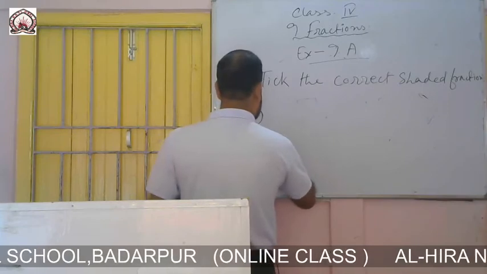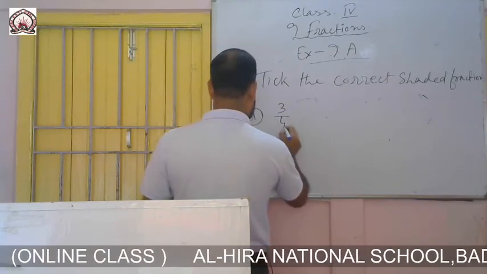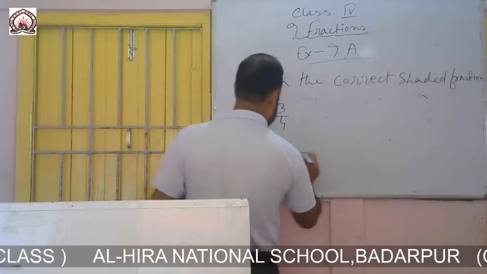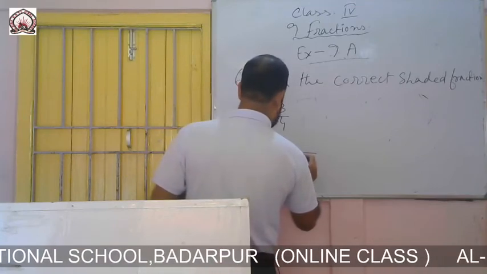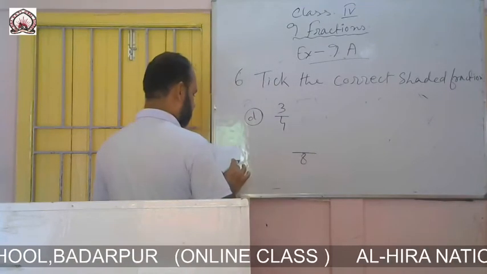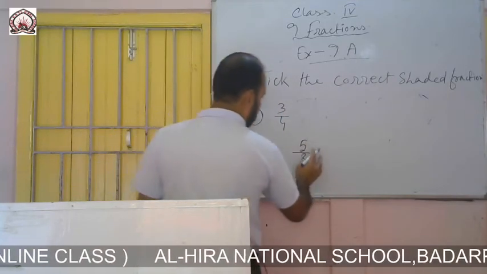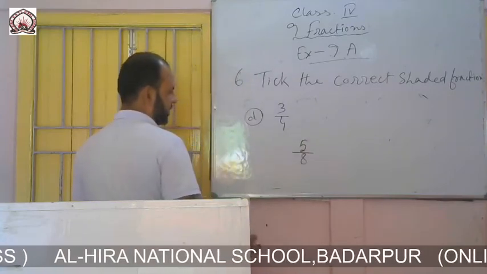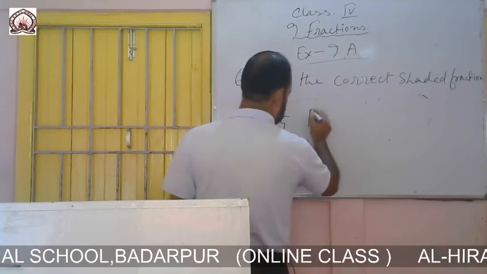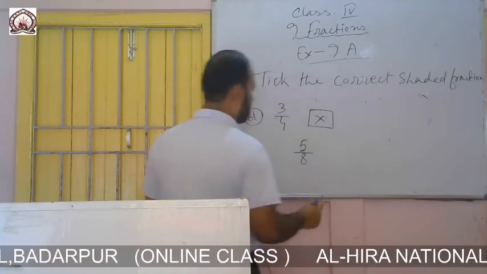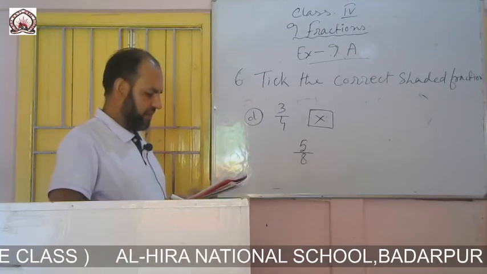But the fraction given is 3/4. We got 8 triangles here, and out of 8, 5 are colored. We can't reduce this fraction, so this fraction is wrong. Question number 5D is wrong.